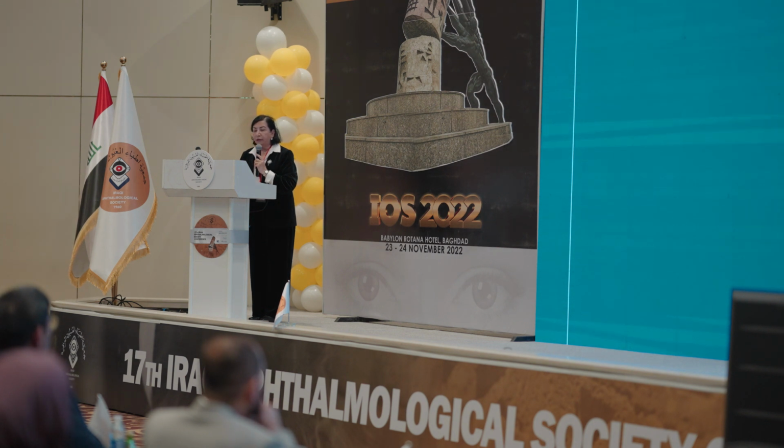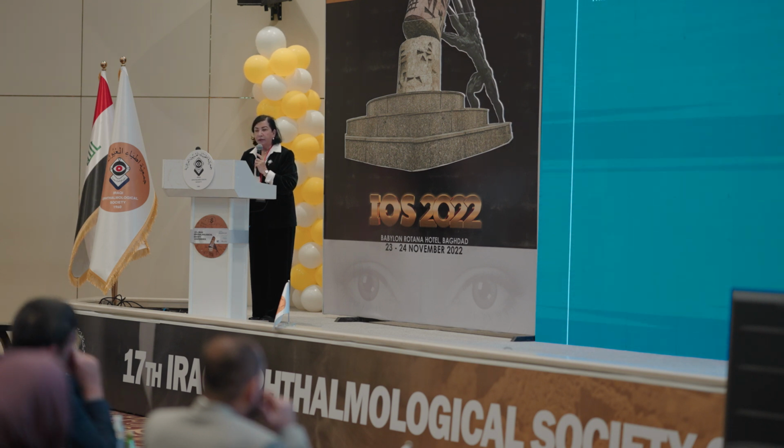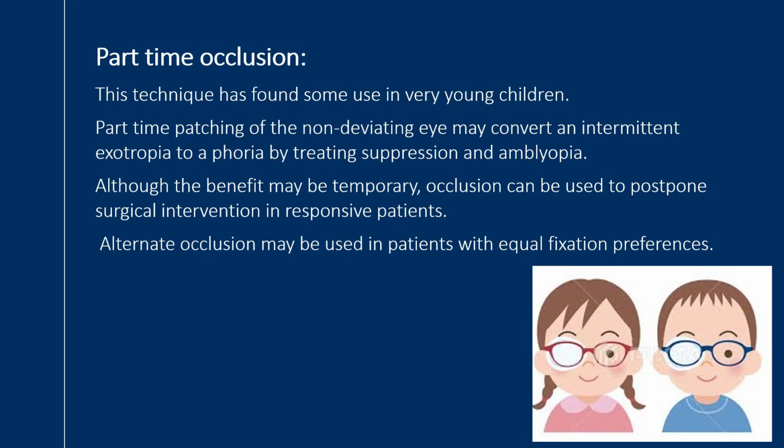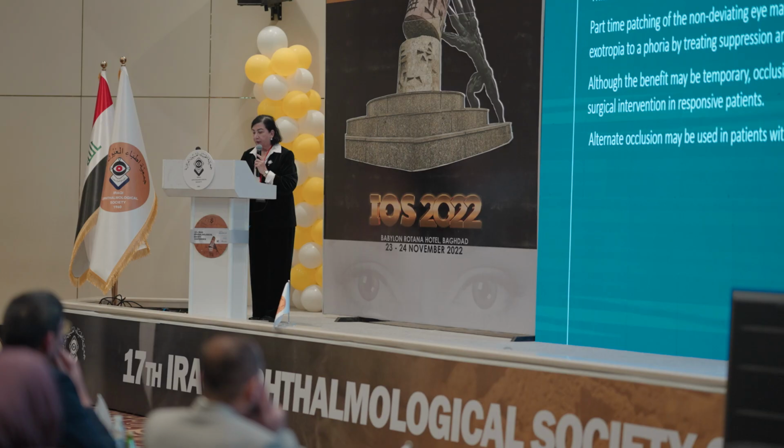Part-time occlusion has a role in our disease. It is found to be useful in very young children. Part-time occlusion of the non-deviating eye may convert the intermittent exotropia to a phoria by treating the suppression and amblyopia. Although the benefit may be temporary, occlusion can be used to postpone surgery in a responsive patient.